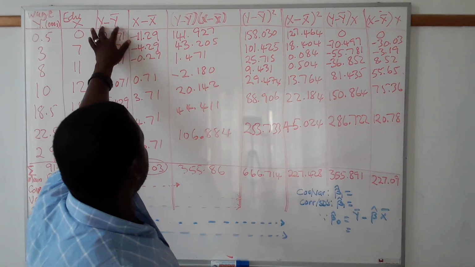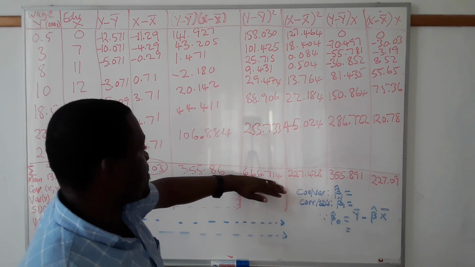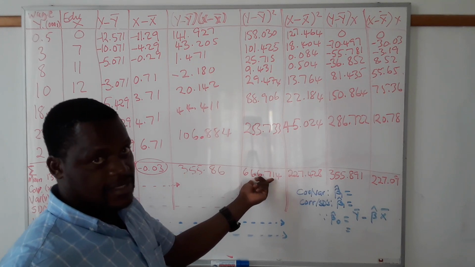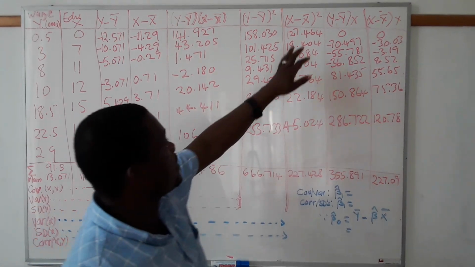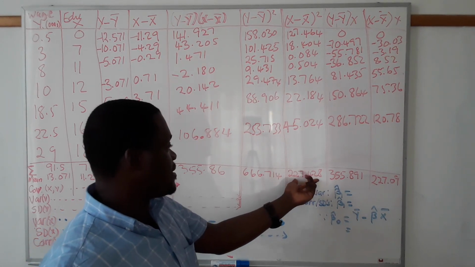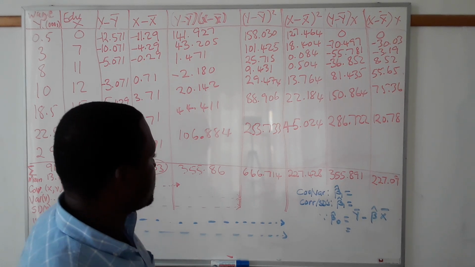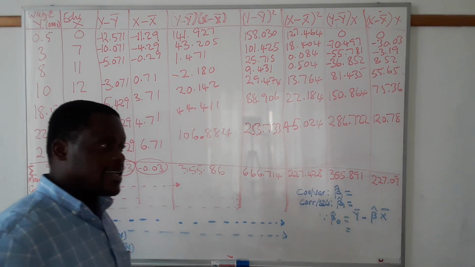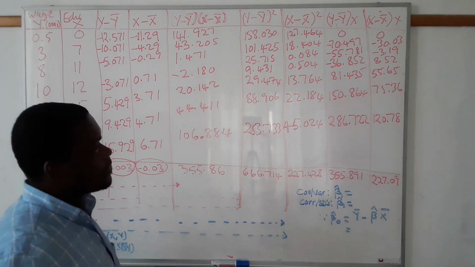If we square this and then sum that, we get this, and it is this that we adjust with degrees of freedom to get the variance of y. The same applies to x. We adjust this by degrees of freedom to get variance of x. From variance of y and variance of x, taking square roots, we get their respective standard deviations.